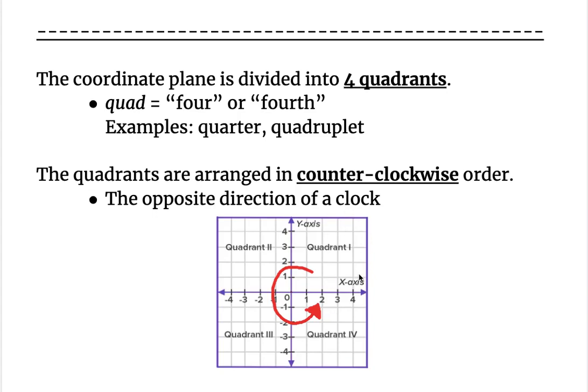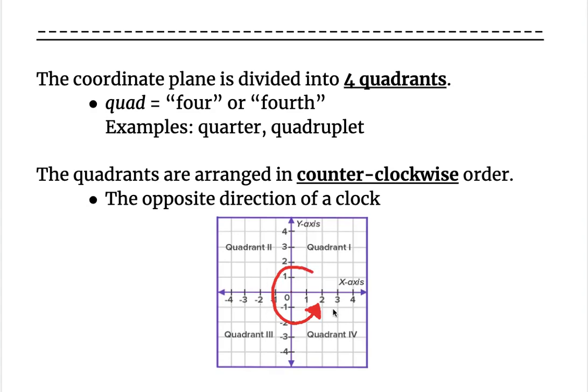And the first quadrant actually starts on the top right-hand corner. So it's the opposite of how you would read in English. If I invented this, I would have wanted to start here and then go in the opposite direction. So you have to remember that it's not quite what you expect it to be.